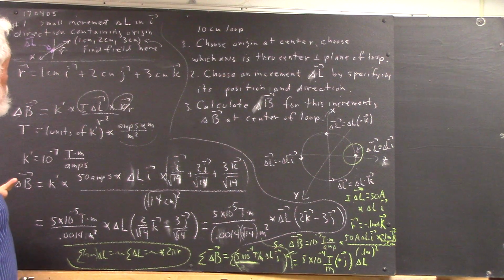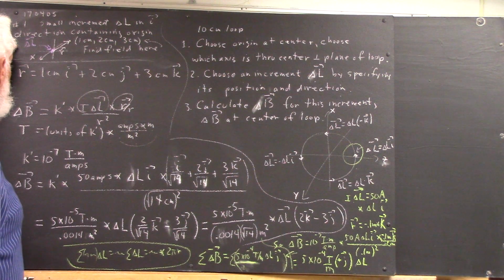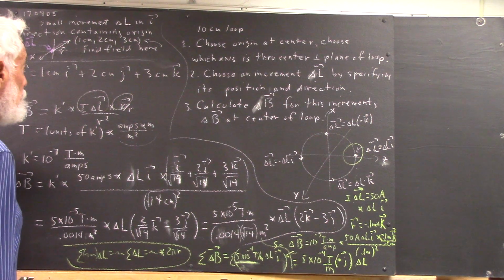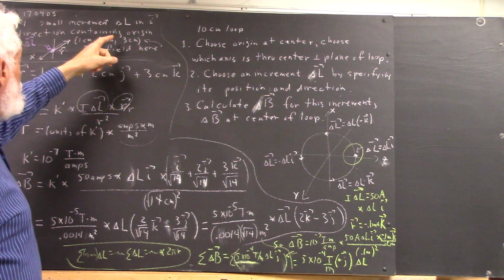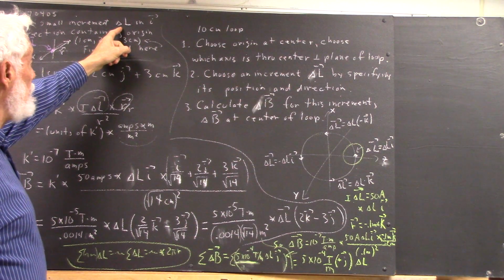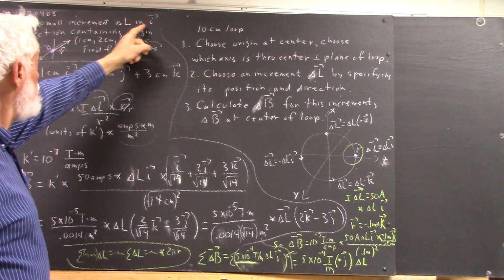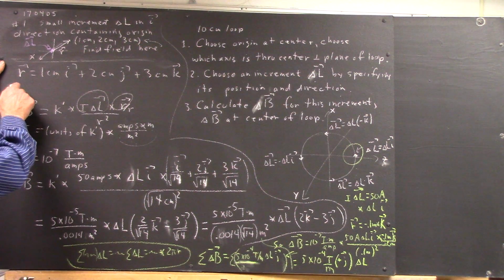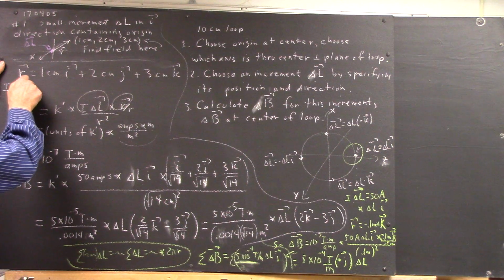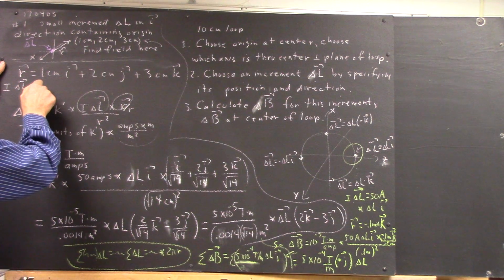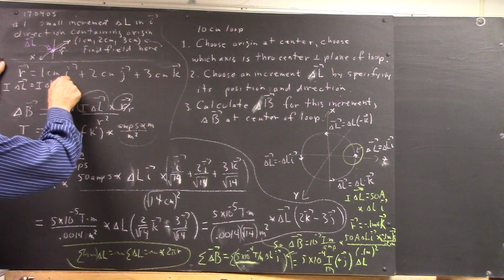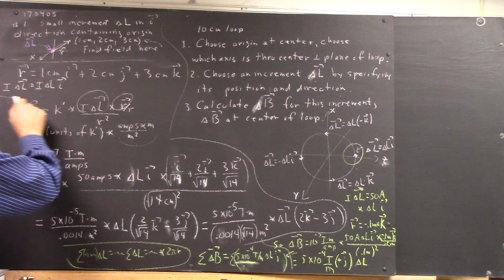Our I delta L vector is just our delta L vector times I, the current. Okay, it's a small increment. Delta L is its magnitude, and it's in the I direction. So I delta L equals I times delta L, the length of the vector, times the I vector.